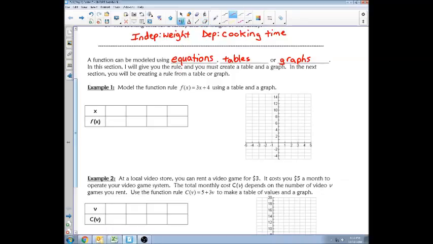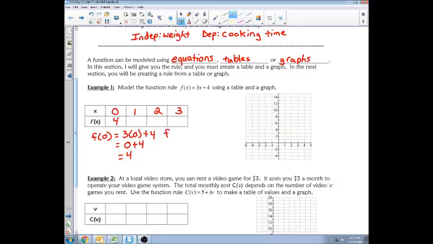How I normally would do this is I'm just going to use 0, 1, 2, and 3. To find f of 0, if I put 0 in for x, it would be 3 times 0 plus 4, which is 0 plus 4, which is equal to 4, which is the substitution we have done in the past.